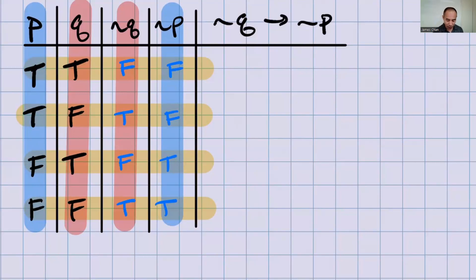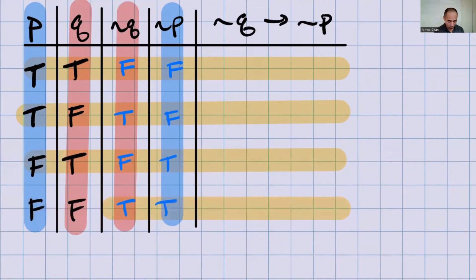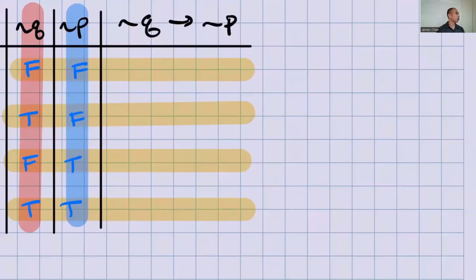Now I'm going to only look at the last two. I don't want to look at the first two anymore. So if I do this, that means I'm doing this, right?